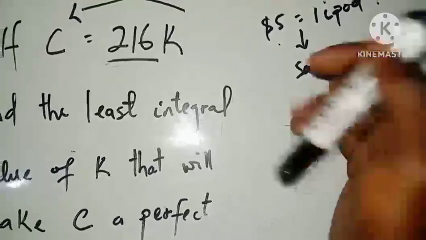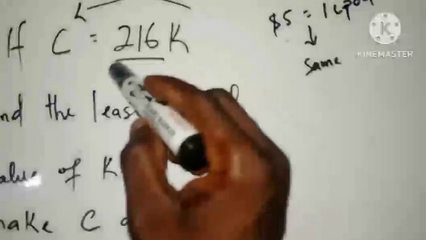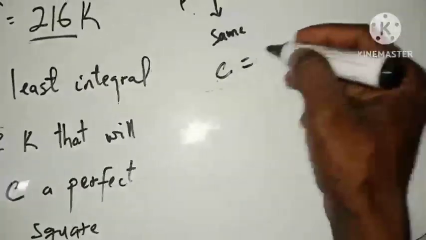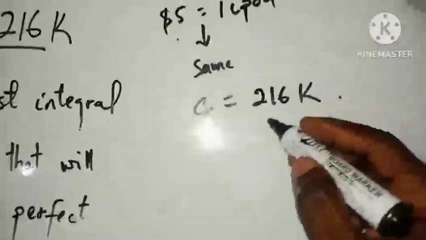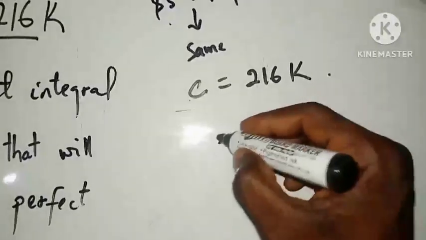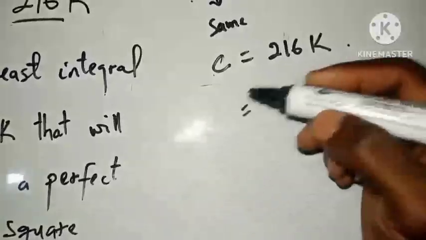We have the idea that C here is a perfect square, meaning that everything here must also be a perfect square. So if you have C that is equal to 216k, I need to break this guy down in terms of a perfect square. I don't want to bring the definition of the perfect square here, but let me use the technical term, right?